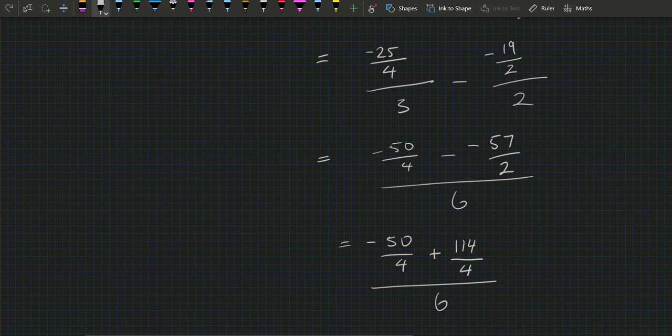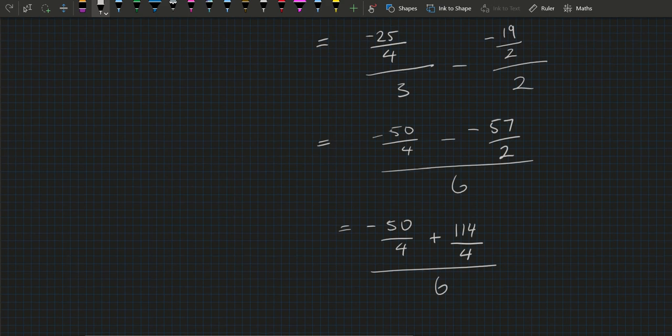So 114 divided by, might take away 50, so that's going to equal 64 on 4, all divided by 6.